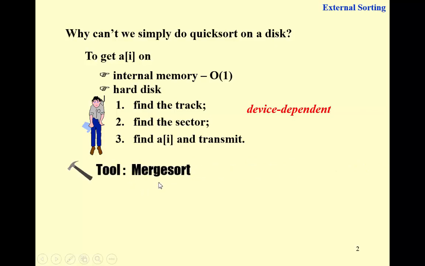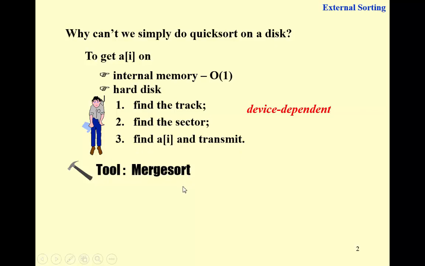Merge sort, right? Well, the instructor of the fundamental course must have mentioned that since merge sort takes linear extra space, it's almost never used in internal sorting, even though it has a pretty good complexity, which is n log n, right? But it's a very powerful tool in external sorting.